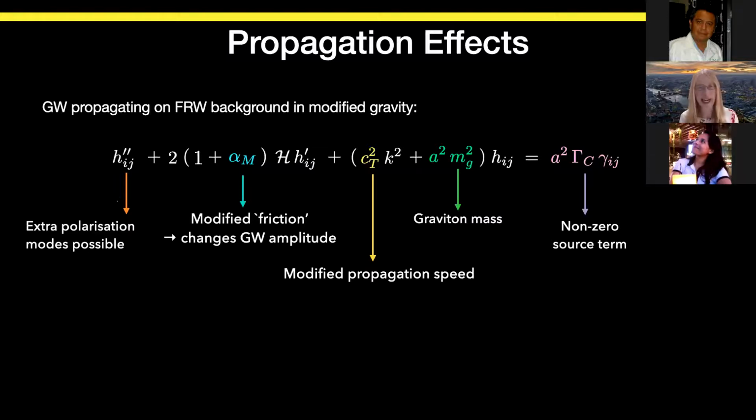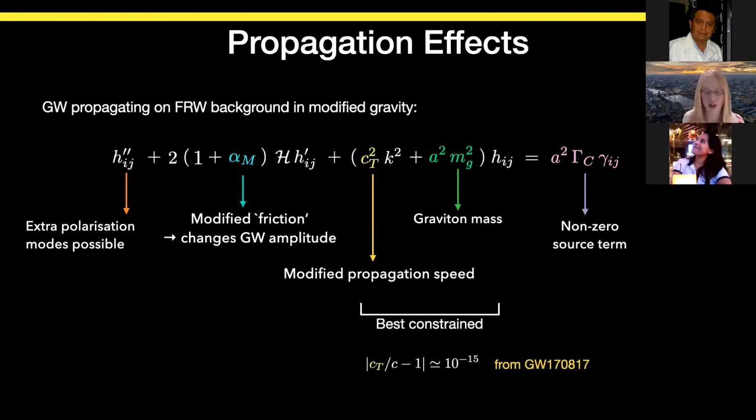And currently, these things are in slightly different states of priority and constraint. We've seen already that the propagation speed, as we discussed, is really tightly constrained from GW170817. The mass of the graviton is also very tightly bounded from solar system tests.